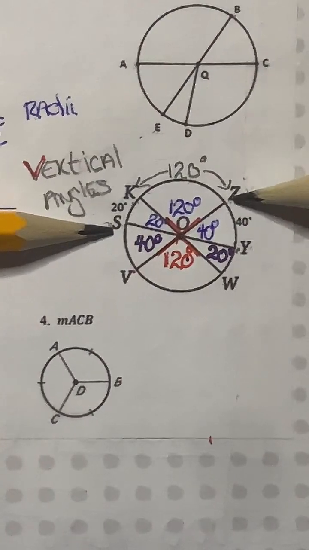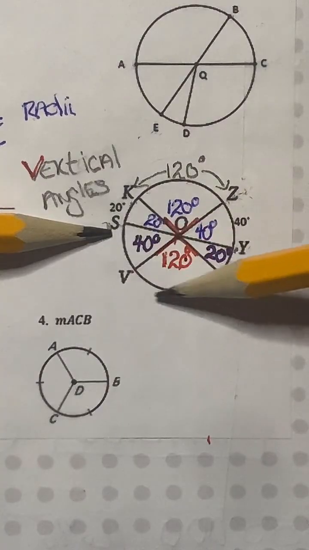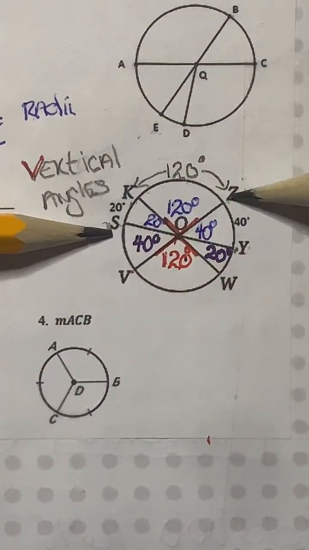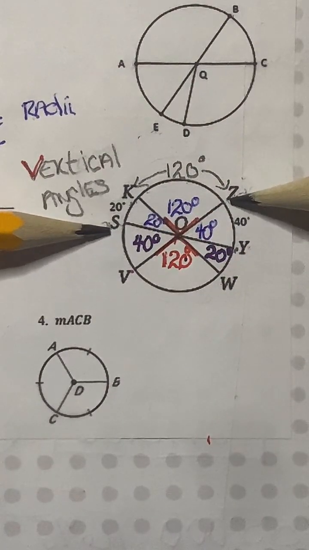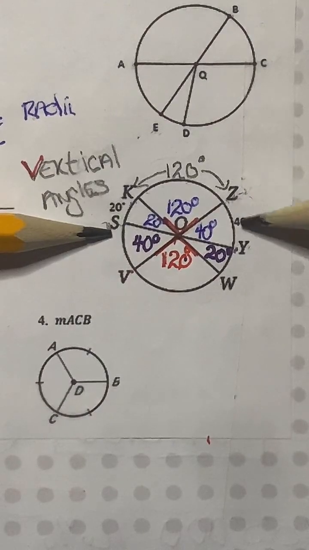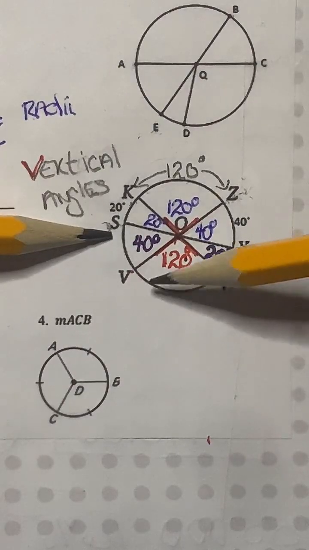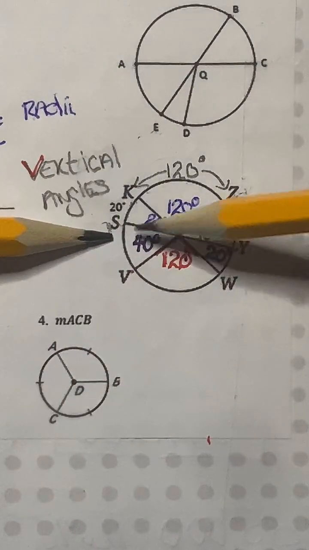Okay, so I'm starting from Z, W, S. Okay, so you're adding 40, 20, 120, and 40.